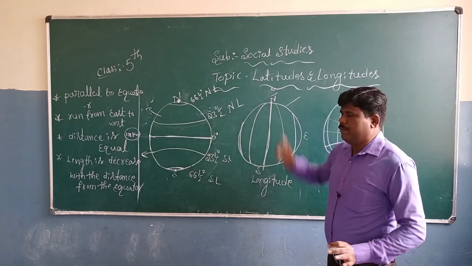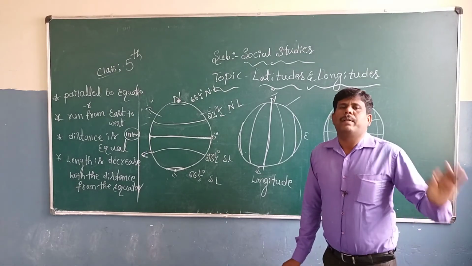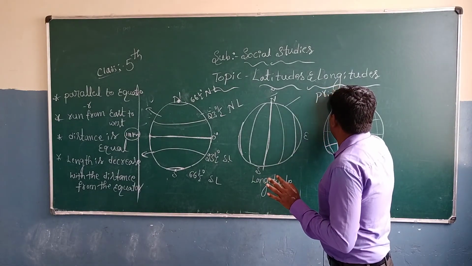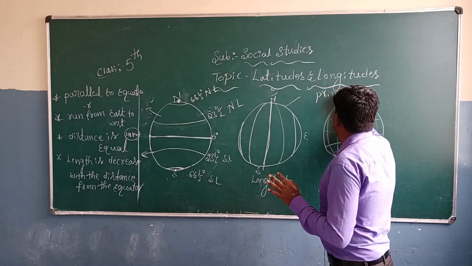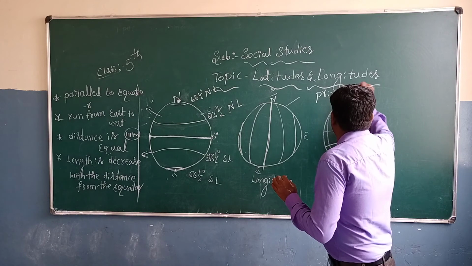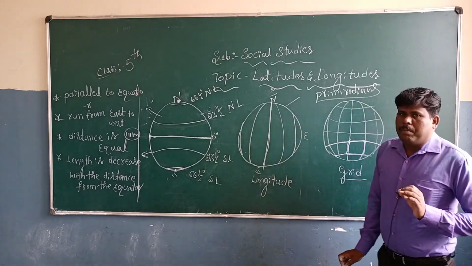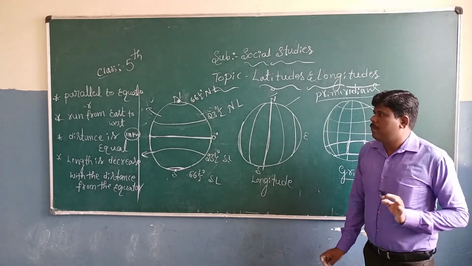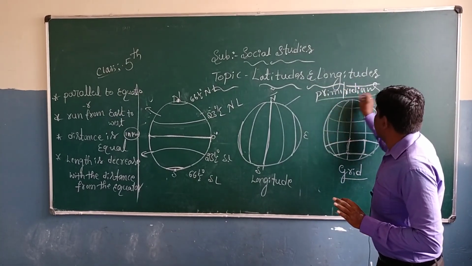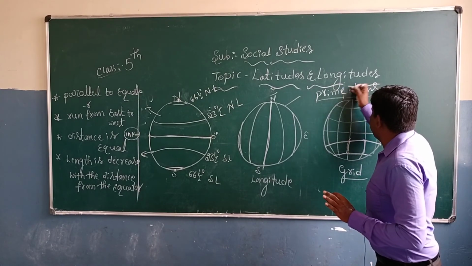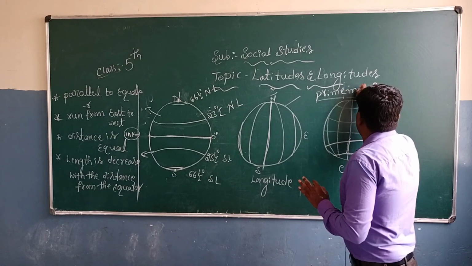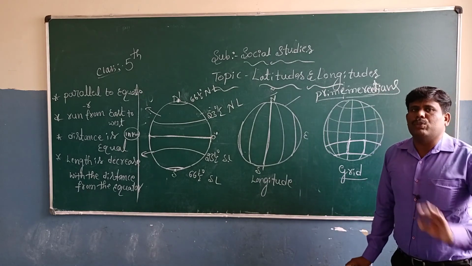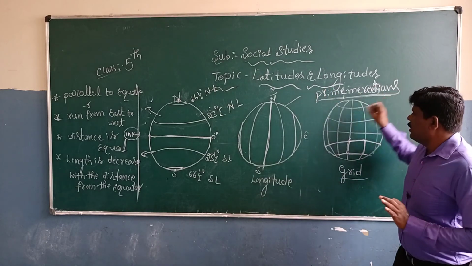Longitudes are also called meridians. Meridian means the place which is observed after noon; the word means mid-day.